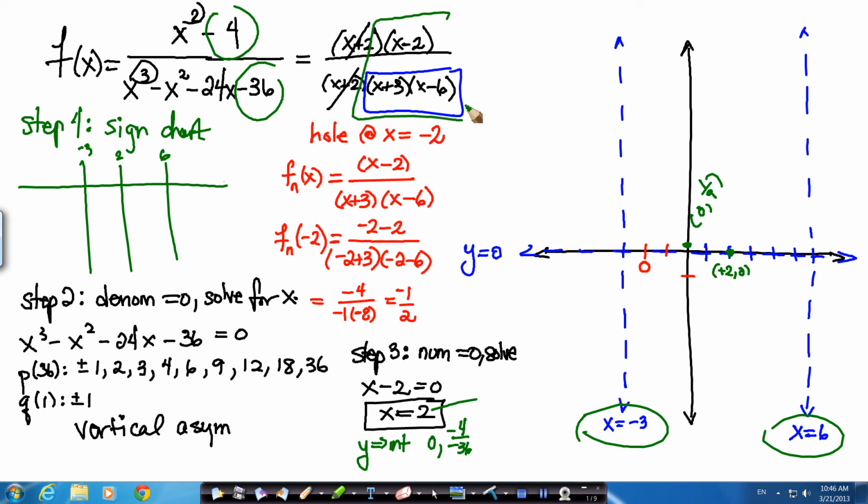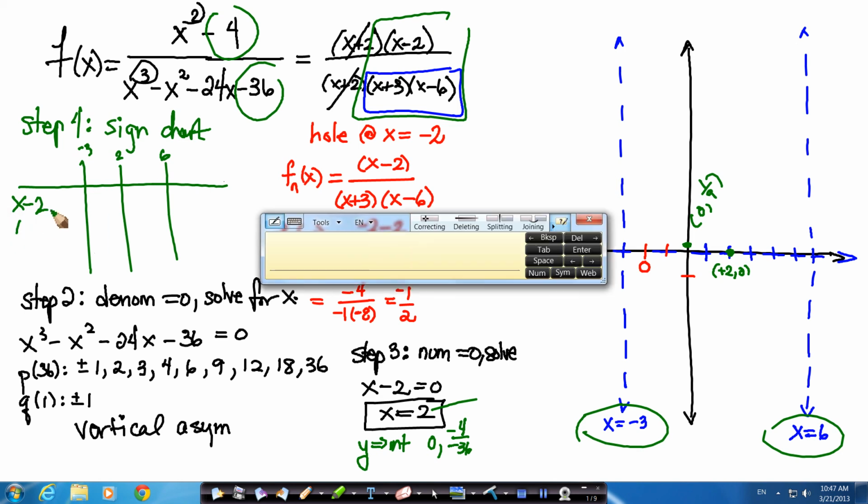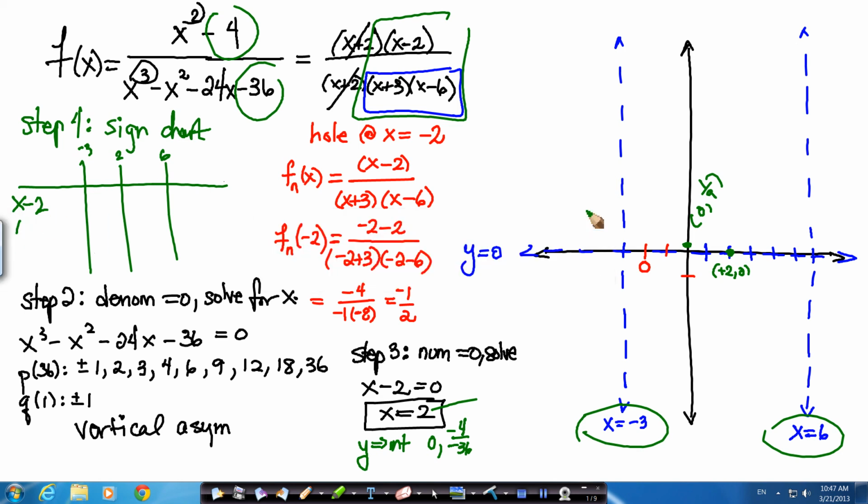And our factors are these guys here: x minus 2, x plus 3 and x minus 6. So when x minus 2 equals 0, x equals 2.